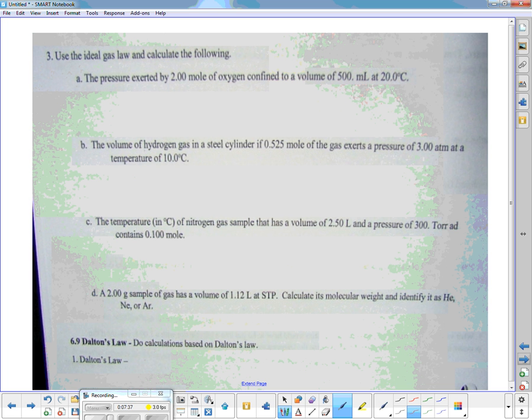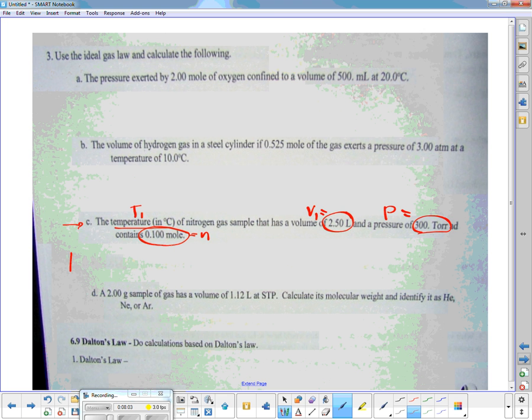C? Okay, so the temperature in degrees Celsius of a nitrogen gas sample that has a volume, so I've got some kind of temperature here, and a pressure of 300 torr. Should have circled my volume. And it contains this much of a mole.